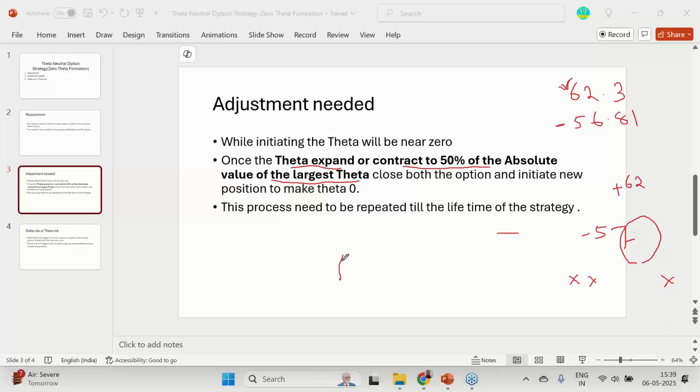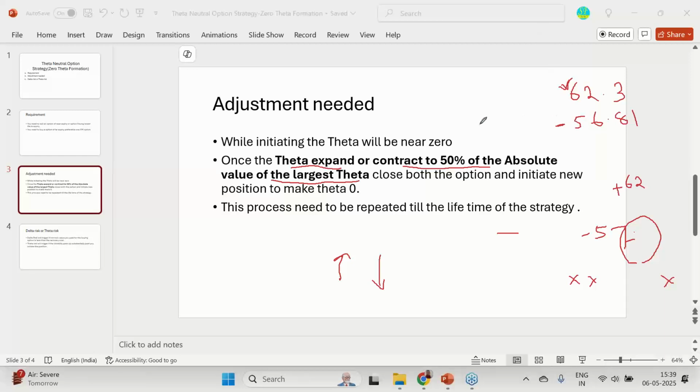So if the price goes up, theta will change. If the price falls down, theta will change. Mostly when the price falls down, theta will change to the negative side. Why negative side?